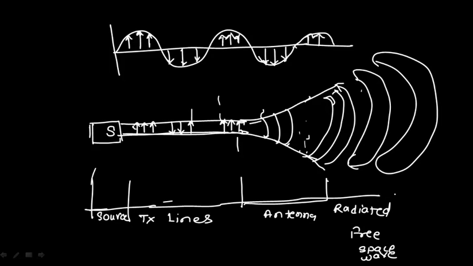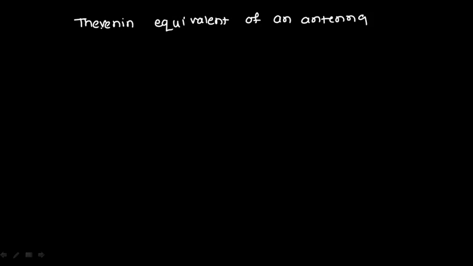ठीक है, if I want to know more about the antenna, so if I apply a transmission line Thevenin's equivalence for this particular antenna, so I'll draw a structure like this. So I can say Thevenin equivalent of an antenna. So how I can draw this antenna? ठीक है, पहले तो आप यहाँ पे source draw करेंगे.